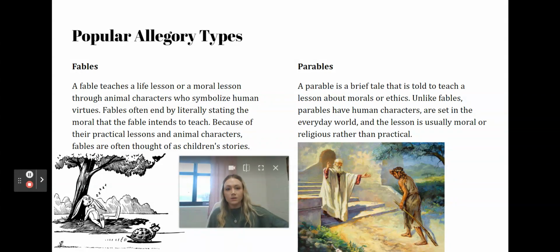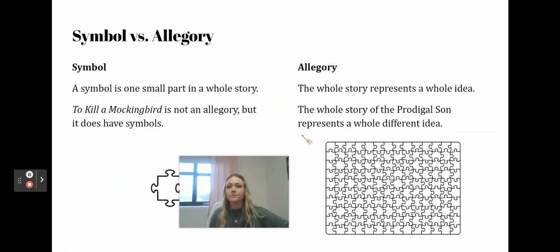So this is a parable of the prodigal son, and this is an allegory about Christians coming back to God. But the parable itself is about the son who leaves his father and eventually comes back to him. It's a parable about the Christian faith. So there's a different story underneath this initial surface level story.